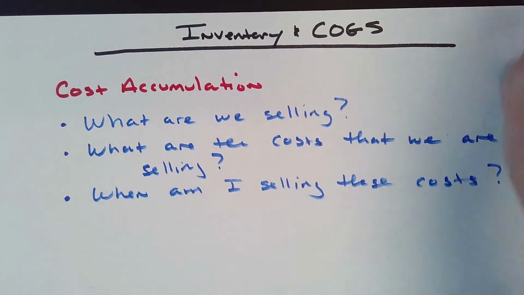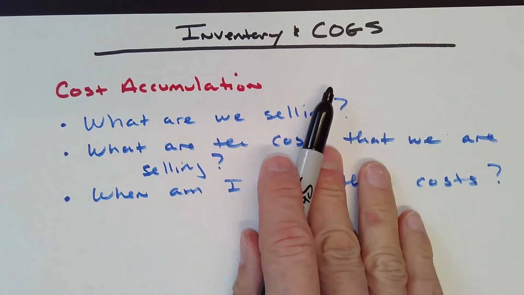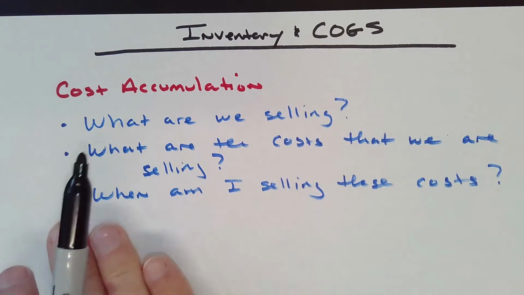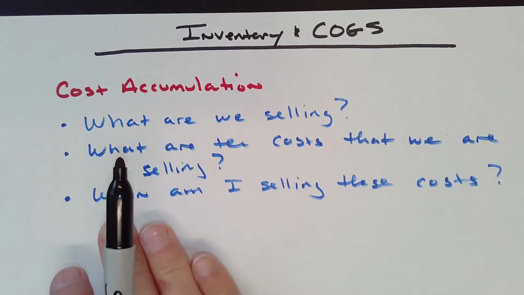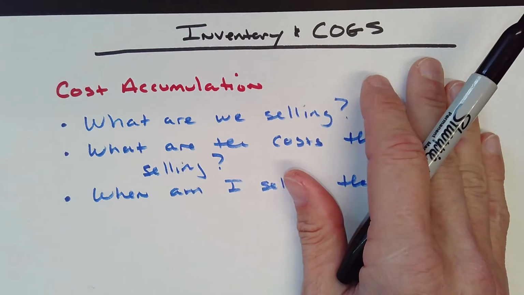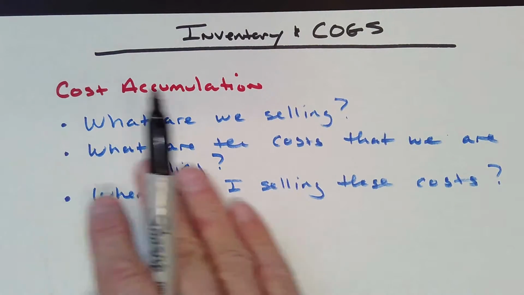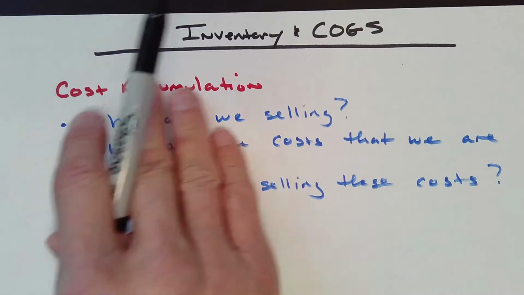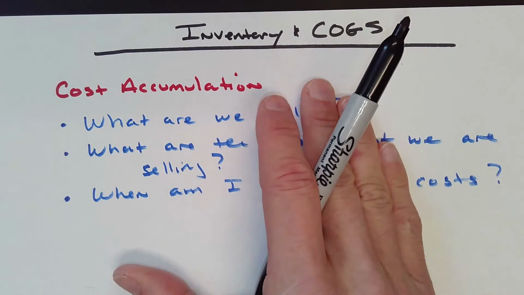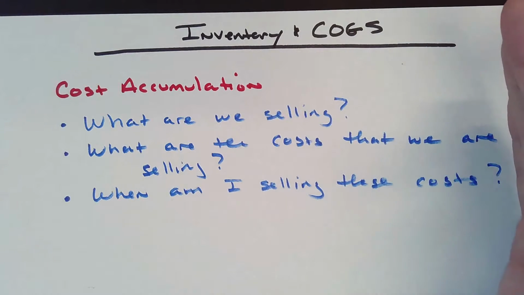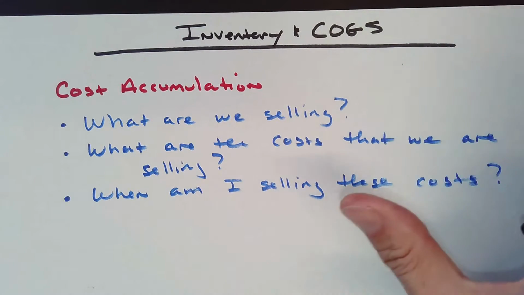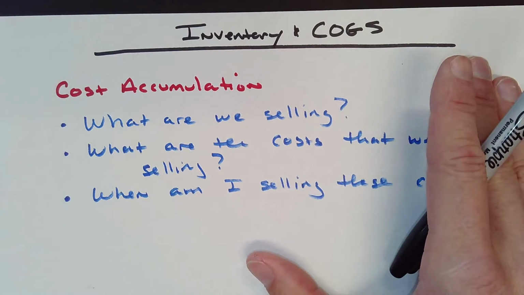And so if the answer is whatever the product is, and there are costs associated with that, and we're going to sell that at a time after I've already committed to paying for those costs, then we can start thinking that we probably have inventory. We probably have some costs that we can put on our balance sheet that we will later on sell to someone else.